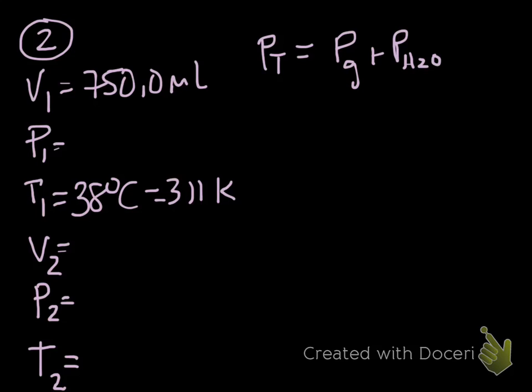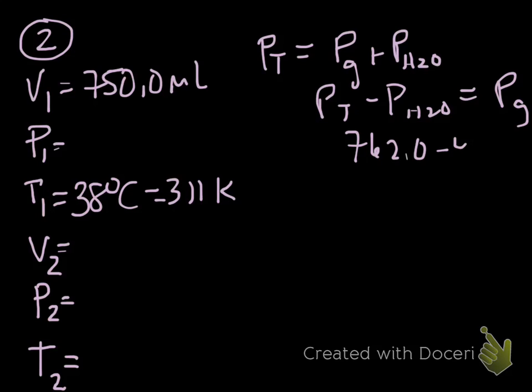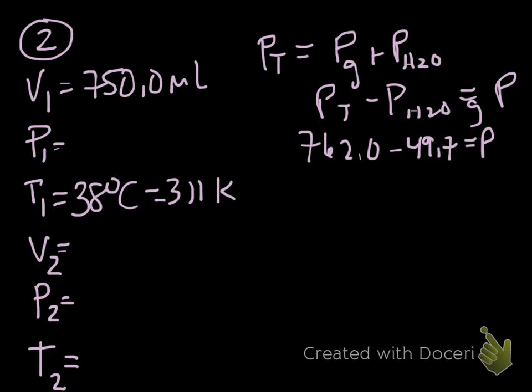And so P total minus pressure of the water equals the pressure of your gas. That's 762 minus 49.7 is equal to the pressure of your gas. So what you get for an initial pressure is 712.3 torr.